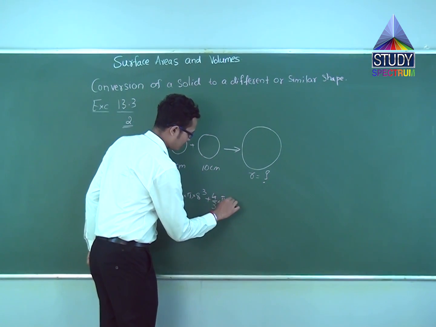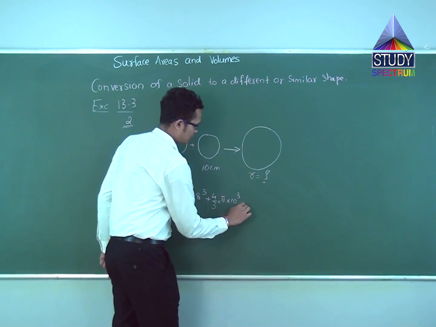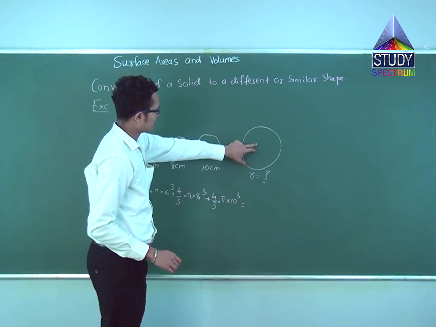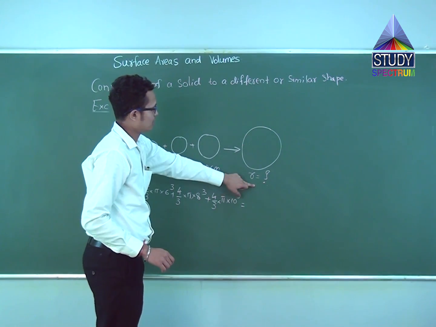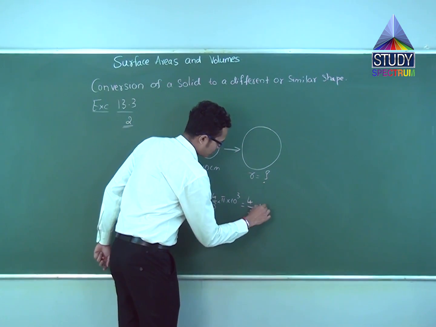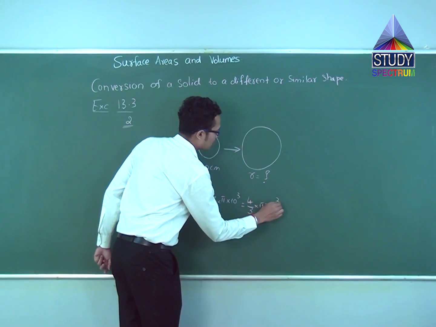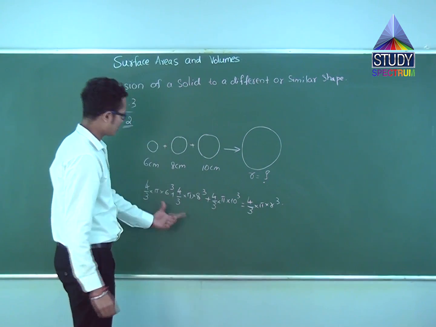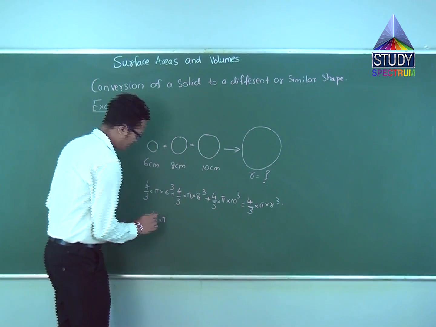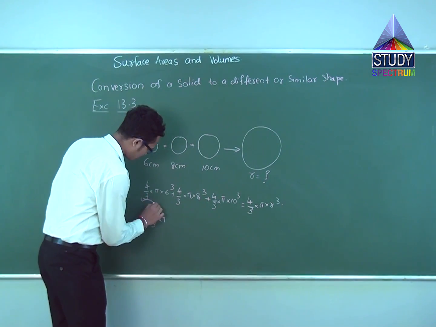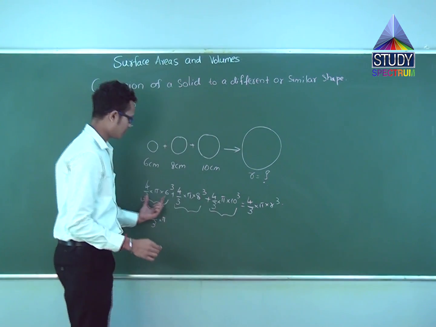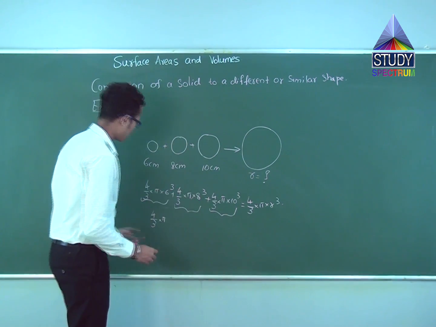Again, similarly, you have 10 cube. This is equal to, if I indicate the radius of this large sphere by r, 4 by 3 pi r cube. Let's take the common terms out. 4 by 3 pi is associated with each of these terms, so I can take 4 by 3 pi common.